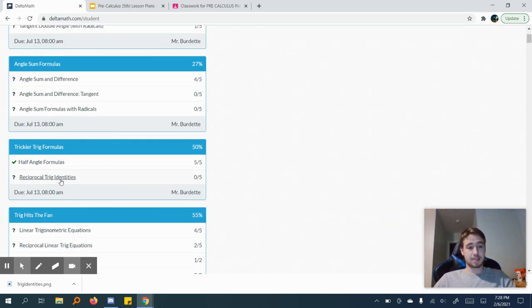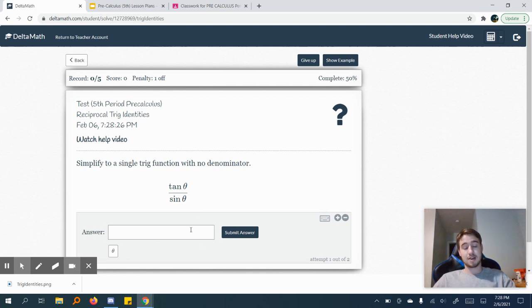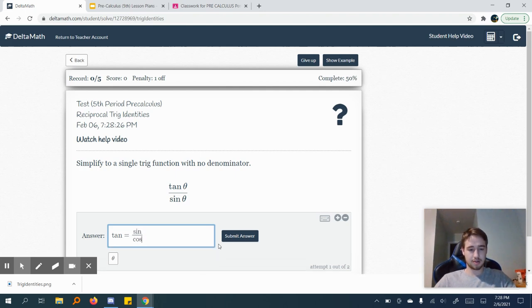And then finally, let's look at reciprocal trig identities. So that's just going to represent tangent is equal to sine over cosine. So tangent over sine equals sine over cosine. I seem to have done something odd.